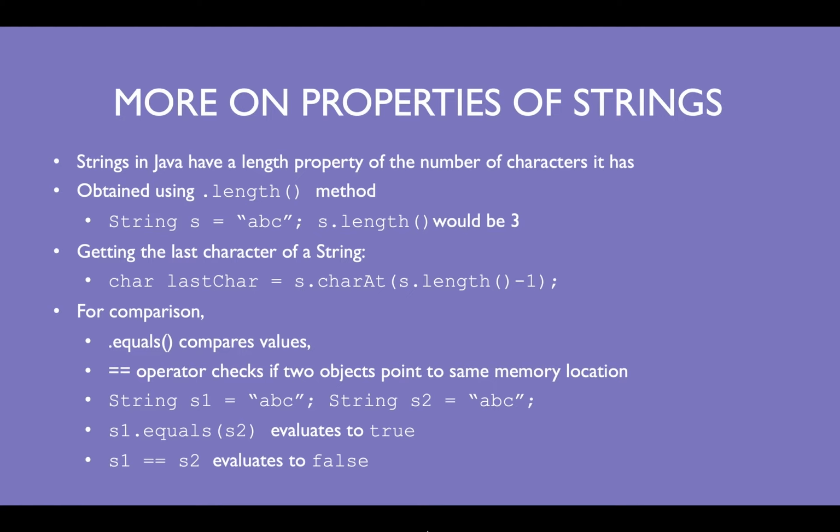And this is because these 2 strings are 2 different variables. They are pointing to 2 different things, even though their contents are the same. So just keep that in mind when you are using comparisons for strings. And just know that if you want to compare the actual content of the string, it is recommended to use the dot equals function.